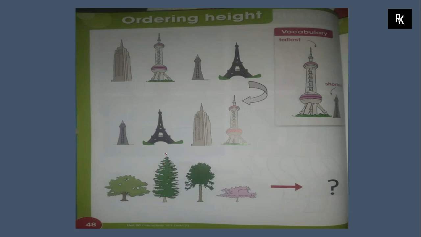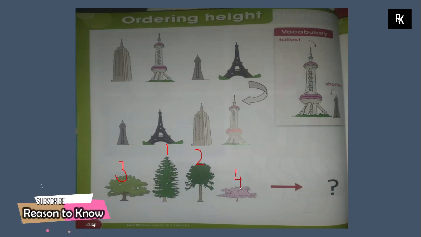So which tree is the tallest? Yes, this tree is the tallest. We will write first over here. Then which tree is the next? Yes, this tree is the next. We will write 2 over here, then third, and then fourth. So we have arranged these trees from tallest to the shortest, and our work is done here.